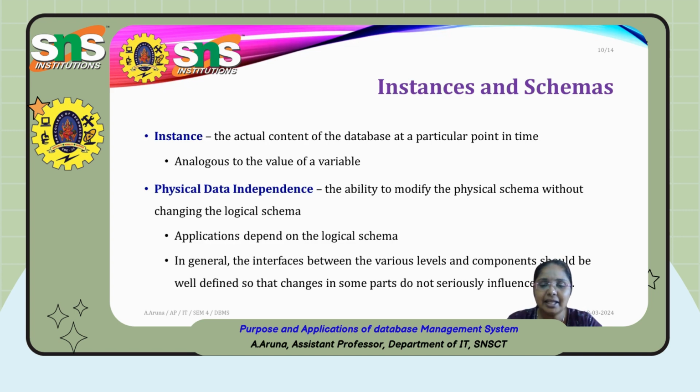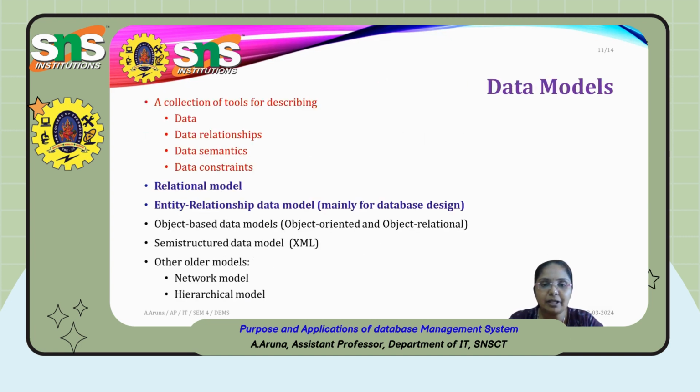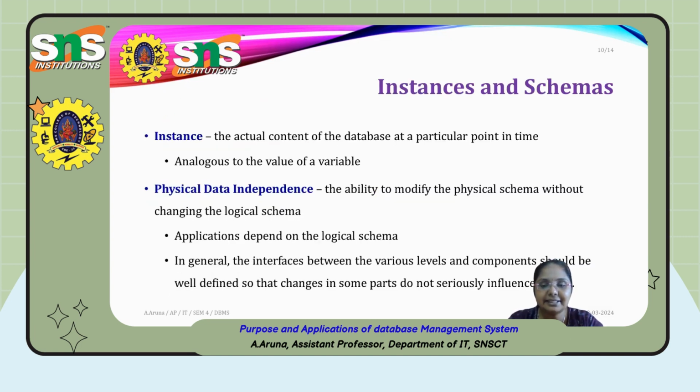Because while implementing a query, or while converting the ER diagram to a table and all, definitely this concept must be supported. If I make some changes in my overall architecture, that should not affect the inner logic of the data. So this is about instance and schema.